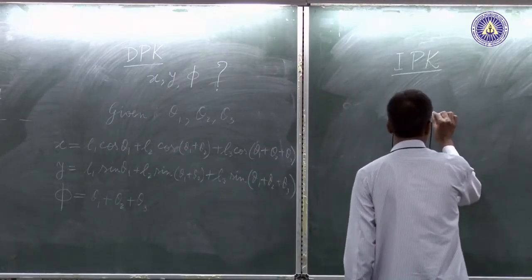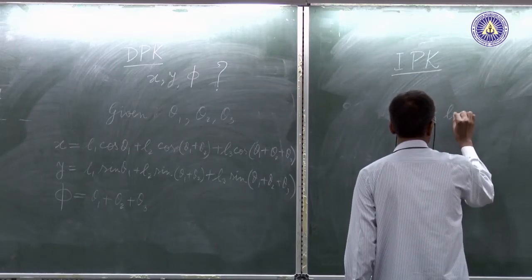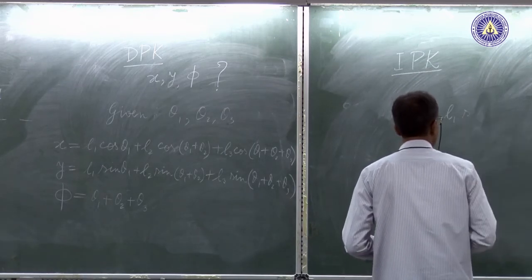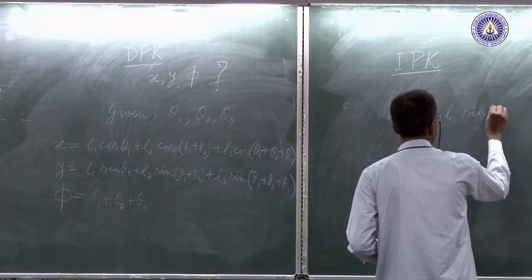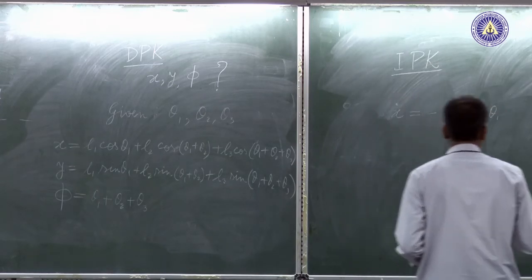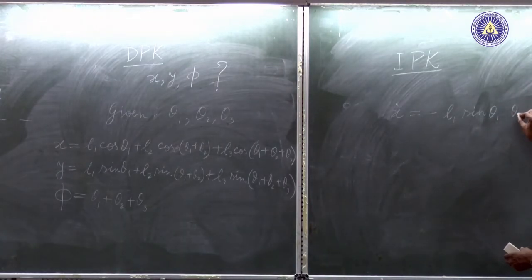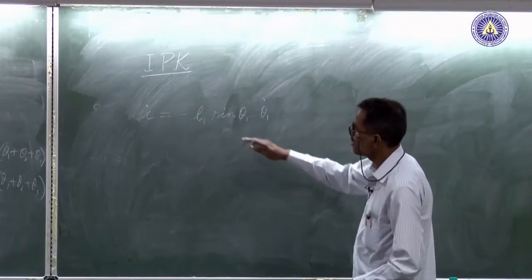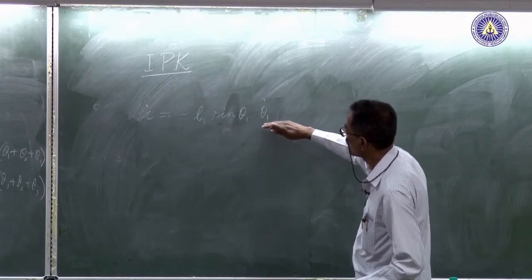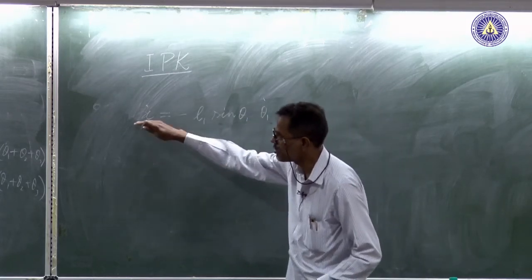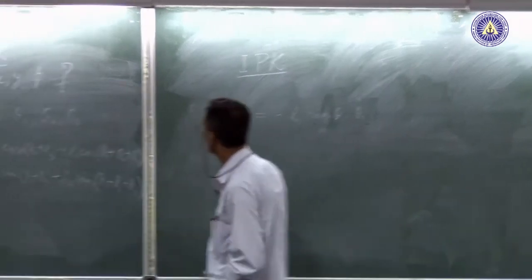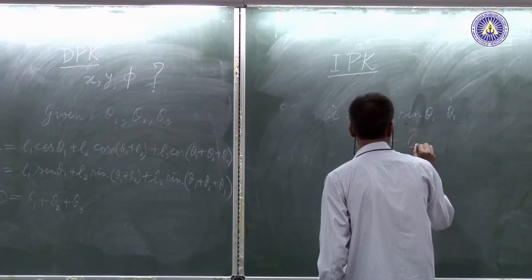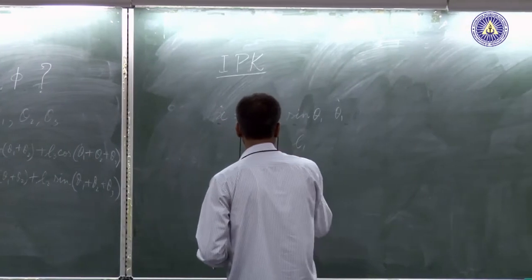So, for L 1 cos theta 1 you will say minus L 1 sin theta 1 into theta 1 dot. That is the derivative with respect to theta 1 and then the derivative of theta 1 with respect to time. So, that gives the derivative with respect to time, plus the derivative of this, L 2, minus anyway has to come.